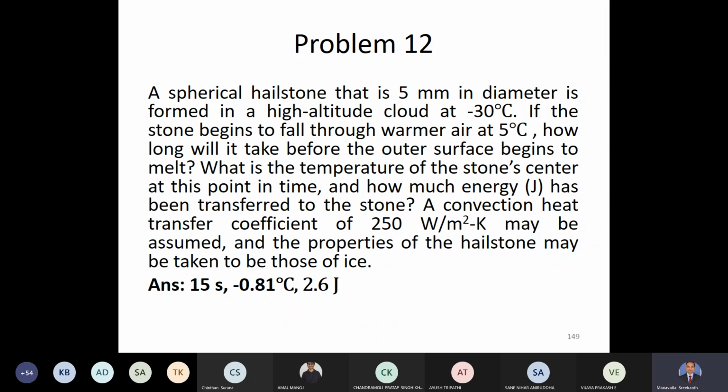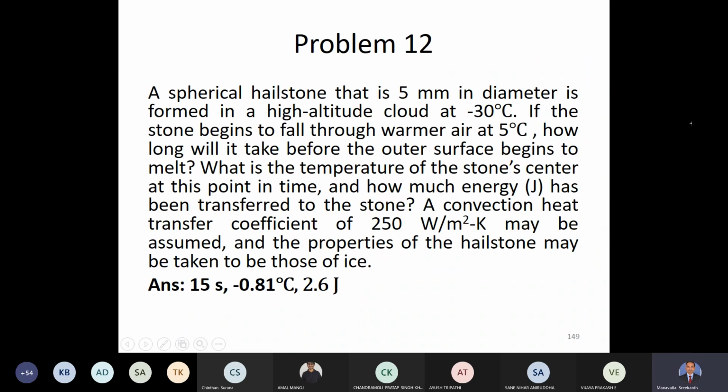Hailstone, as mentioned in this problem, is spherical in shape. So we'll assume the same shape. Here, there is this hailstone, spherical in shape, and it's 5 millimeter diameter.